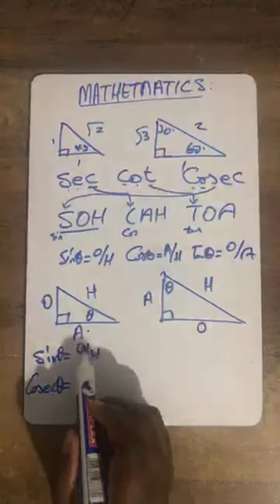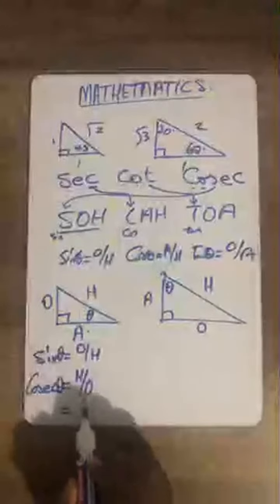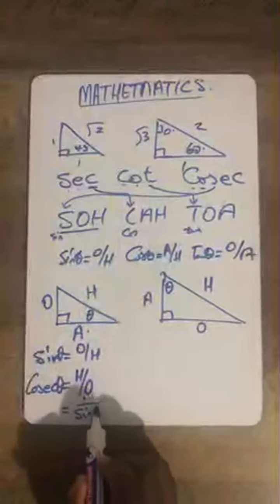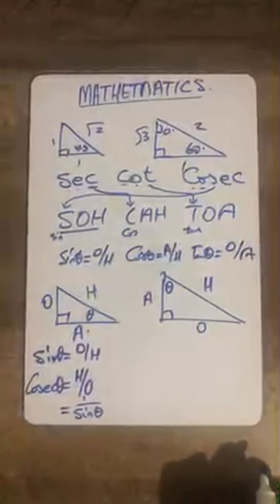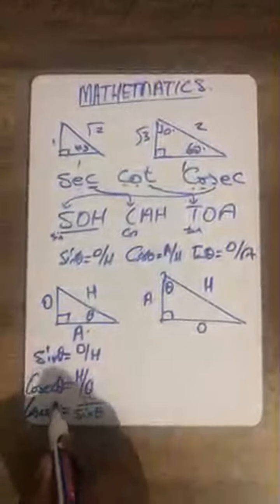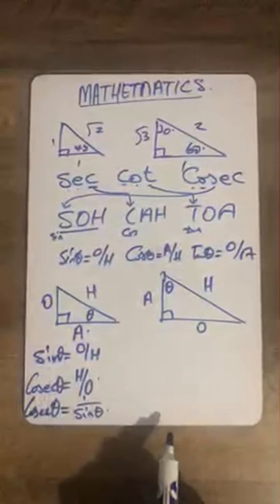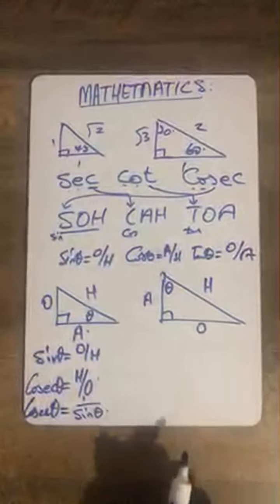So it is going to be H over O. Otherwise, you can still say it is the same as 1 over its cousin, sine of an angle. So cosec of an angle, you can say it is equal to either one. You just choose according to how the problem comes.